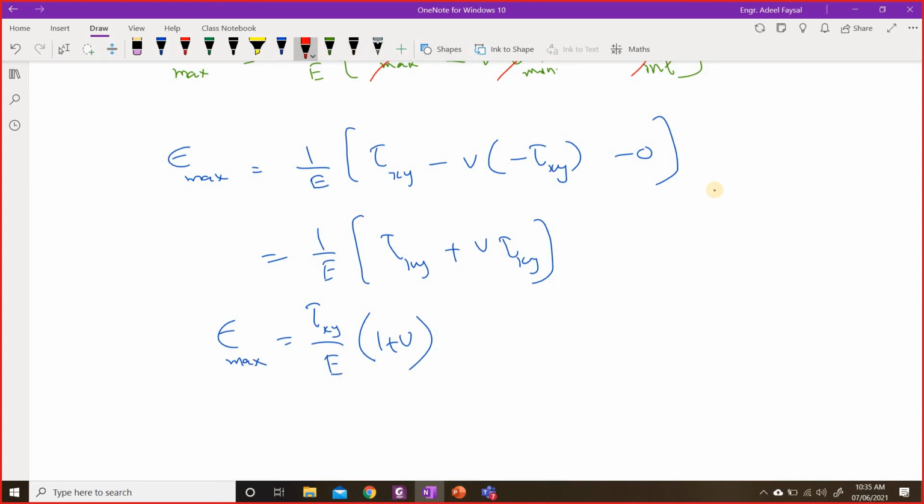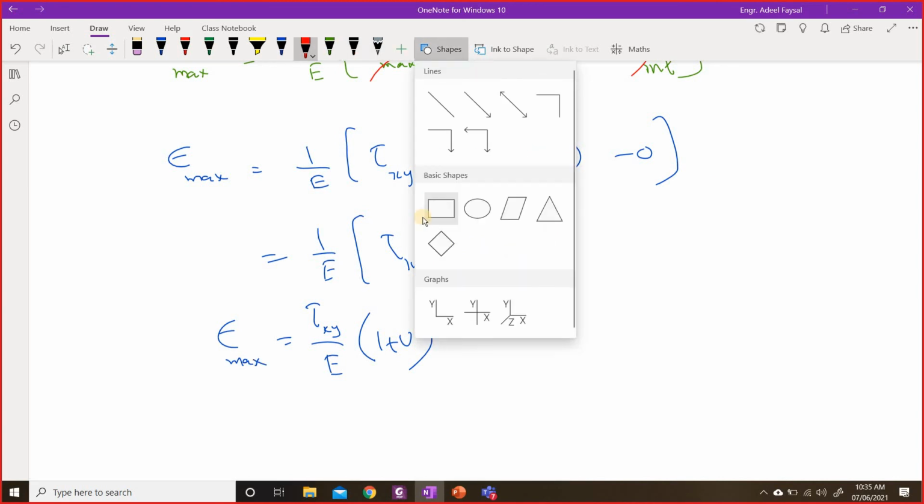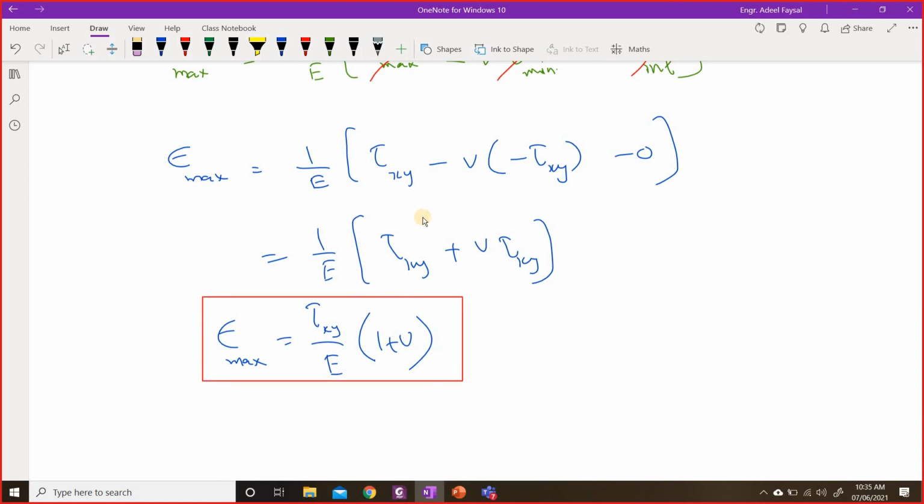So this is the first way to find epsilon max. Call it equation number 1.